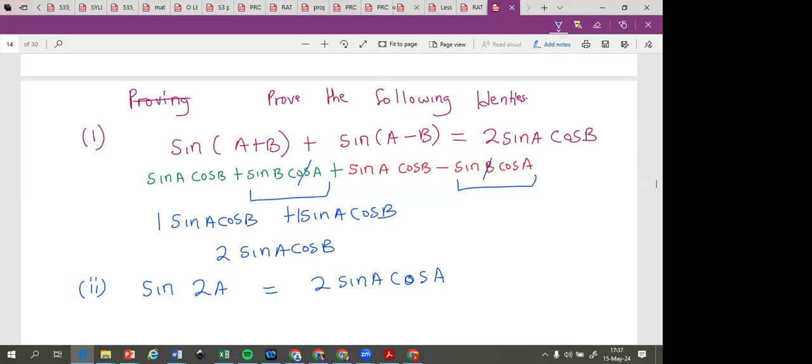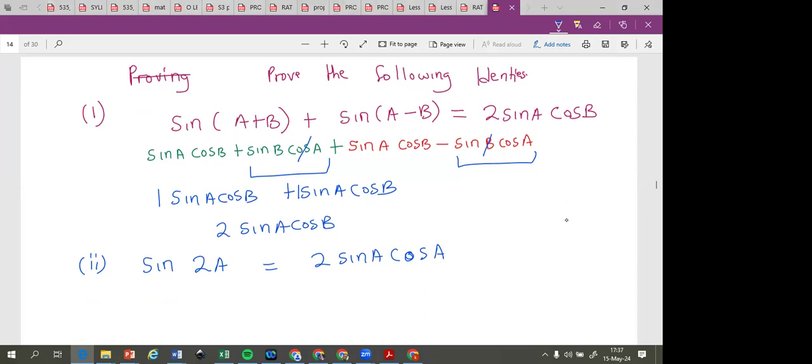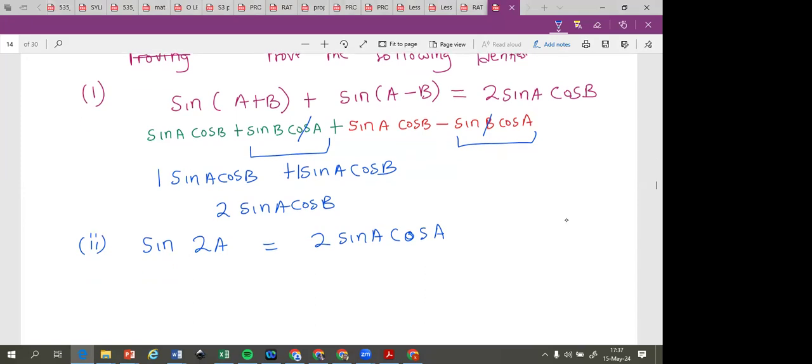Charlotte, is it also coming? Yes, teacher, kindly give us a hint. So sine 2a is the same as sine of a plus a. Good.